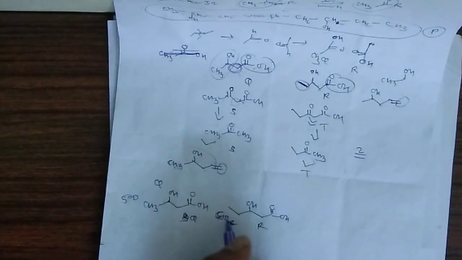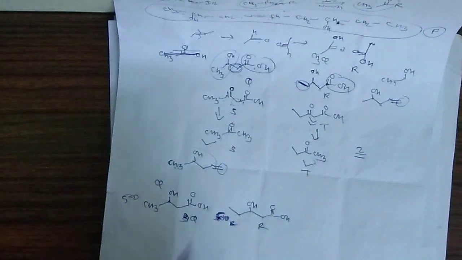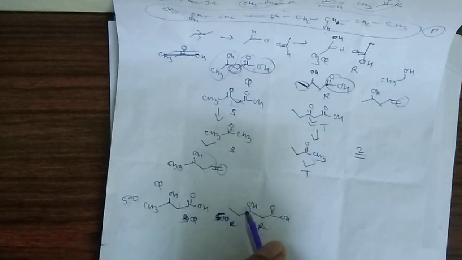Polymerization of this gives group U. So if you see how polymerization is happening, this acid group and this alcoholic group undergo esterification, and one water molecule is formed from the combination of two molecules.